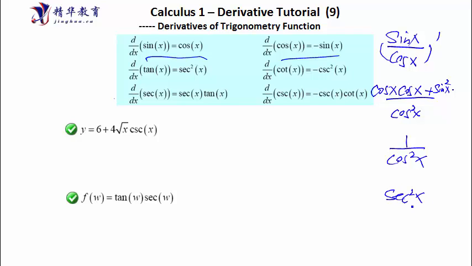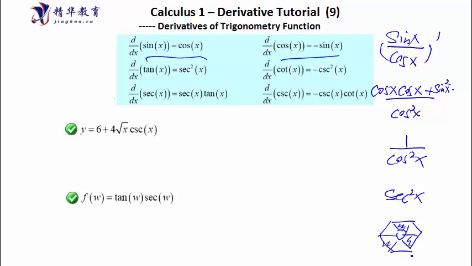Which is equal to secant squared. If you don't know how this comes from, please refer to my grade 12 trigonometry tutorials on trigonometry identities and the hexagon. You will see the trigonometry hexagon in those tutorials, and I have very detailed explanations about all 6 trigonometric identities based on it.